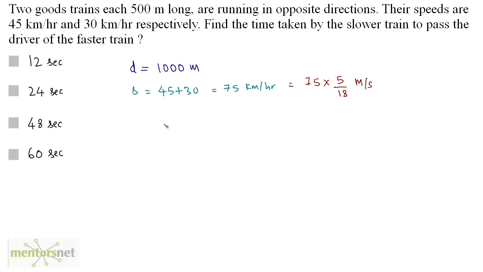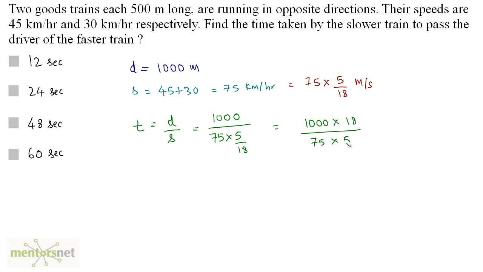So you have the distance, you have the speed. So time is equals to distance upon speed. So the distance is 1000 meters, speed is 75 into 5 by 18 meters per second, and that's 1000 into 18 by 75 times 5.